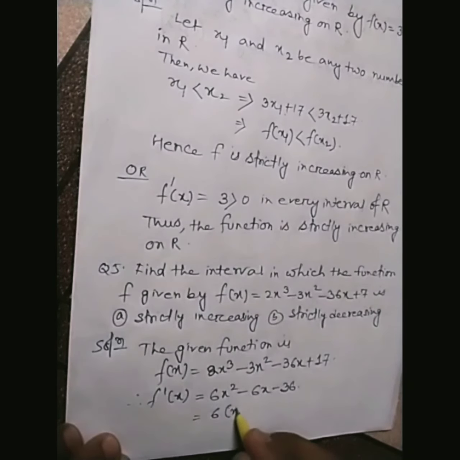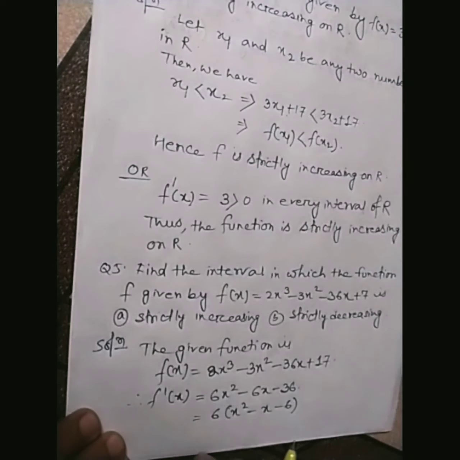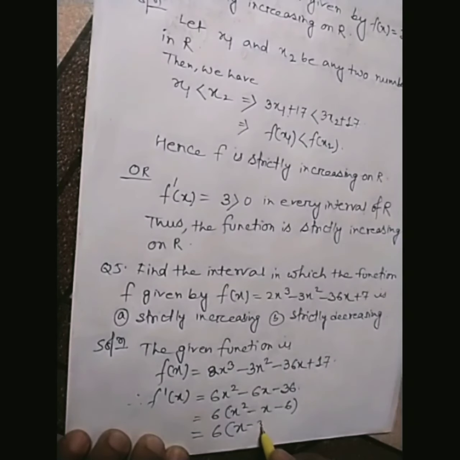Okay, so this can be written as 6, you can take common, 6(x^2 - x - 6), sorry, 6 is 36. And from this again after simplification you will get 6(x - 3)(x + 2).